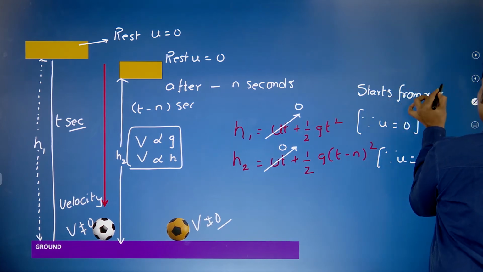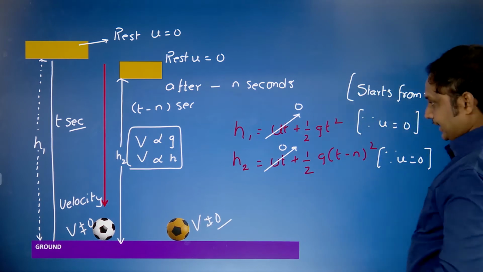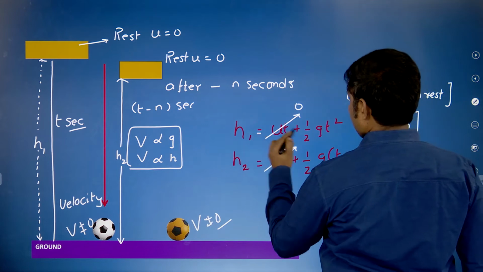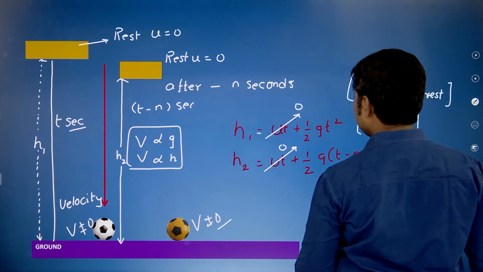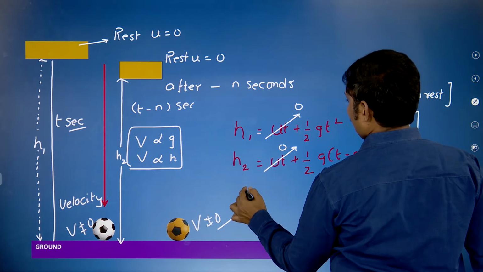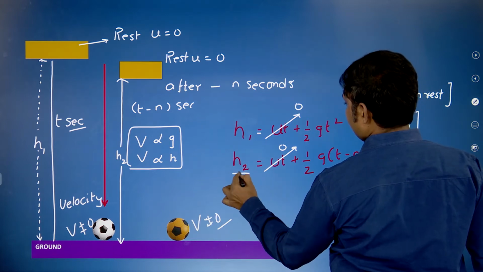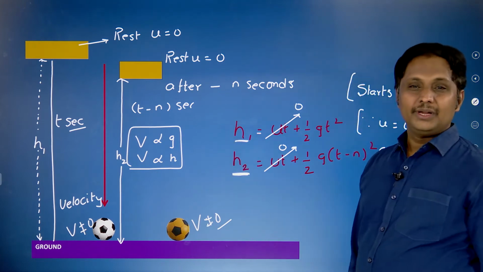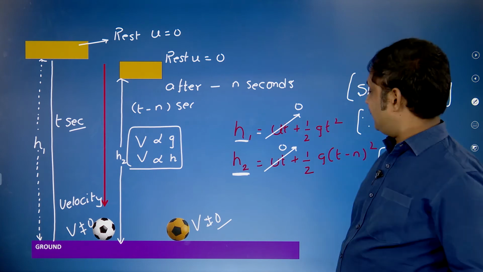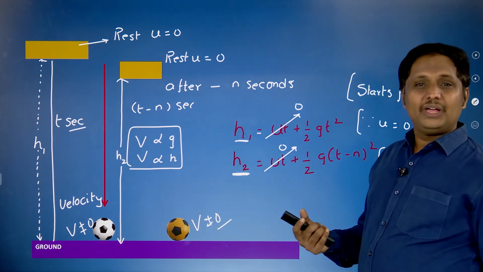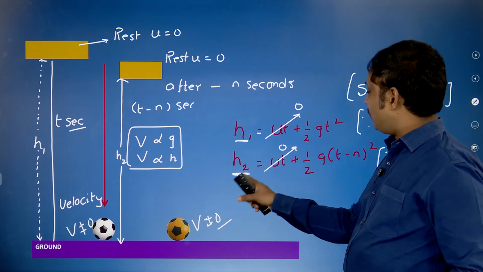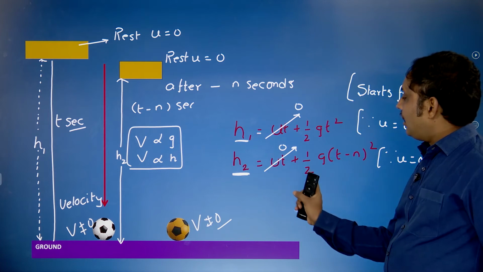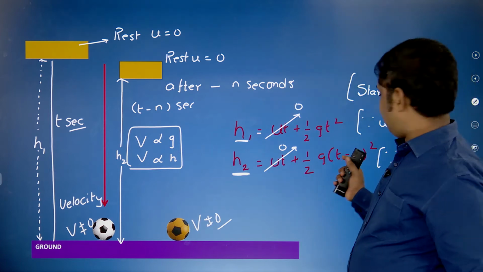You can get this one, so easily you will find out. After n seconds another ball is dropped, and it has travelled the distance h2, which is half g (t minus n) square.